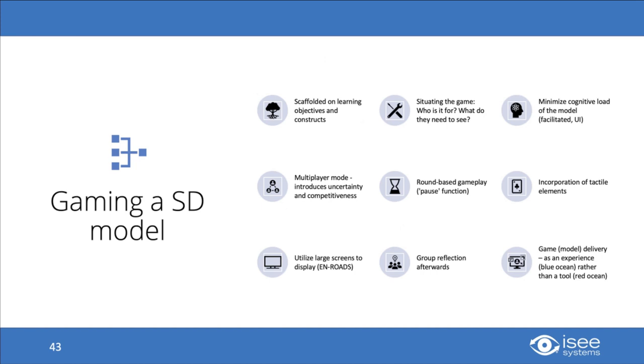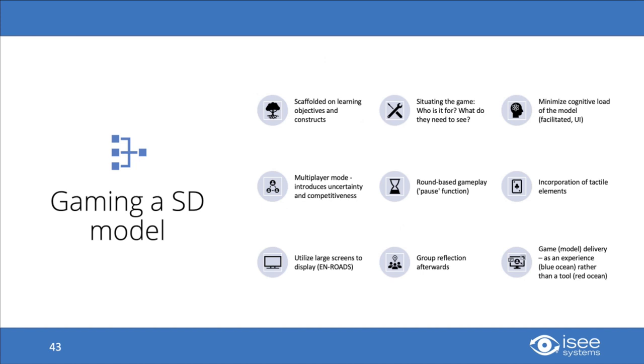I feel that minimizing cognitive load is important, multiplayer is important, round-based is important, incorporation of physical objects is important. Large screens work really well, and I look towards the likes of En-ROADS and how well En-ROADS does in engaging. The group reflection is important. And then the whole package itself: you're trying to deliver an experience rather than deliver a model or a tool.